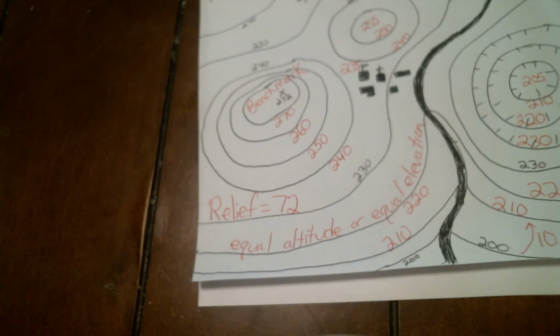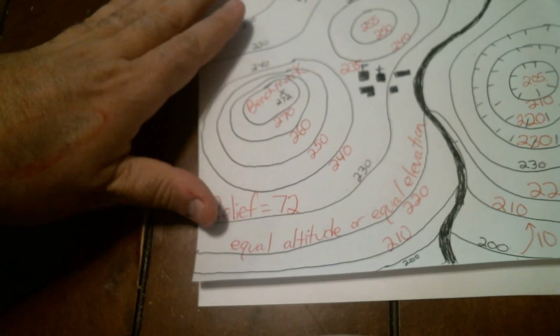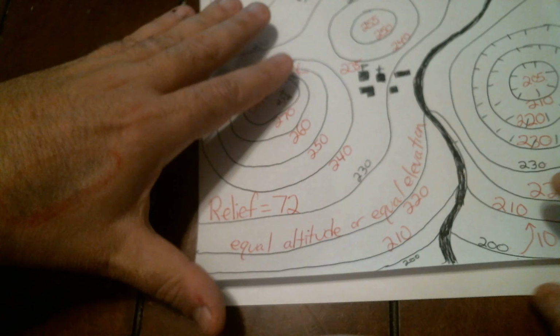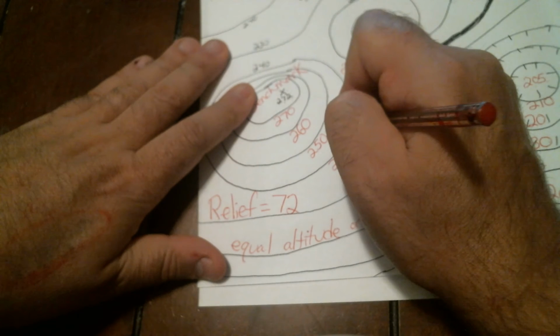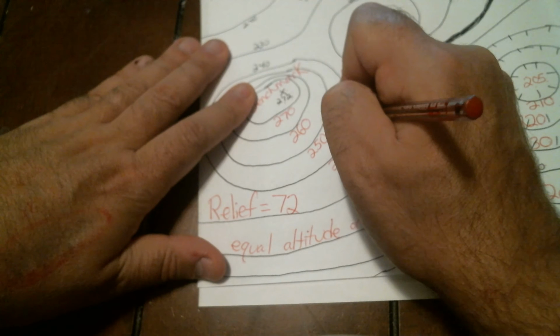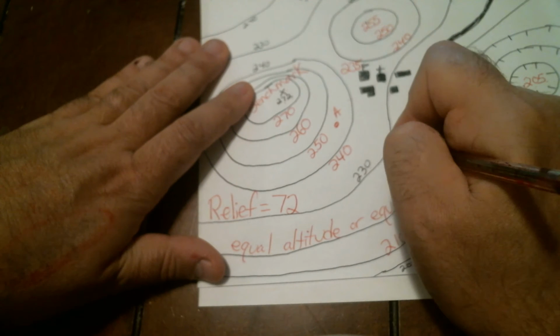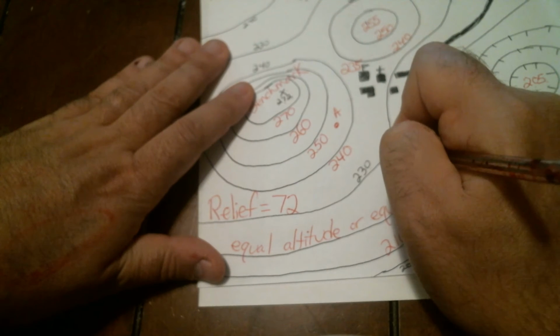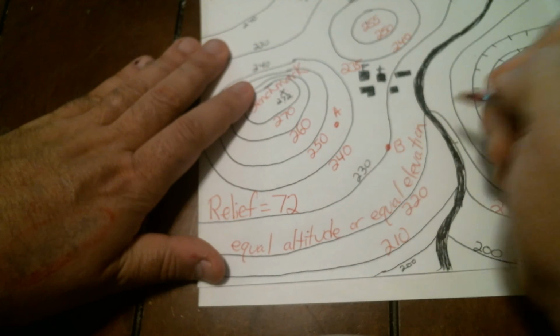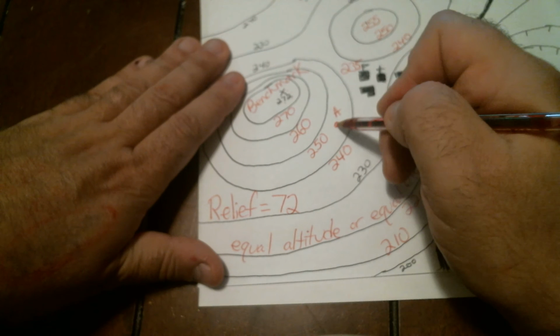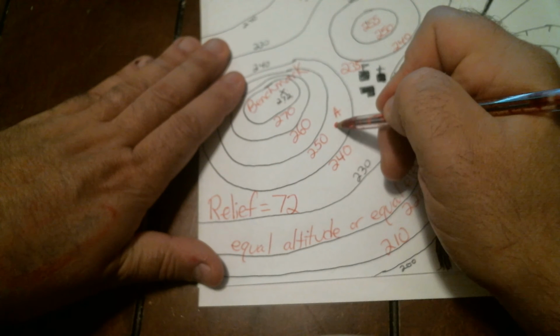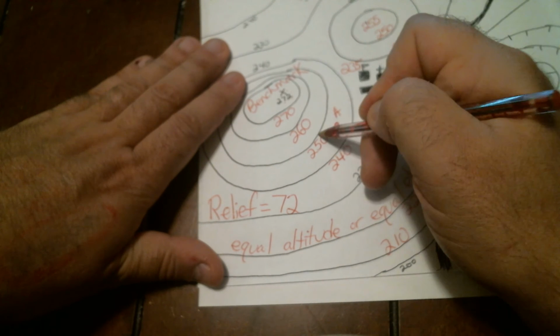We can find the relief between two specific locations as well. So let's say that we want the difference between, let's just say this spot right here, we'll call it A, and this spot right here, we'll call it B. To find the relief there, we find this elevation to be between 240 and 250.